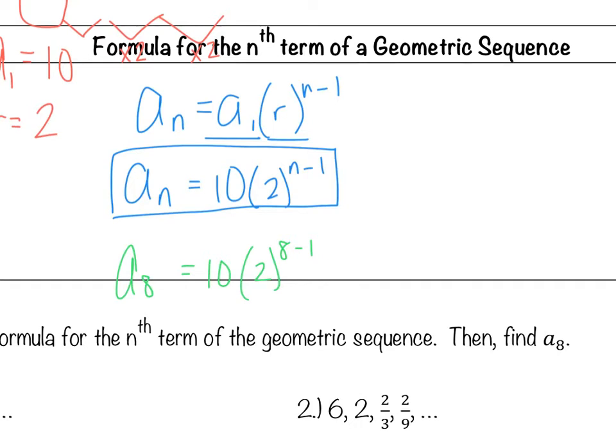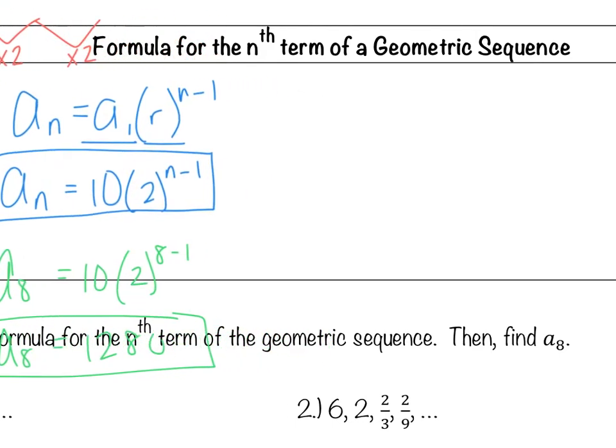Definitely, exponents will get a little bit high. So 8 minus 1 is 7, so I have 2 to the 7th. You want to make sure you do the exponent first, so 2 to the 7th and then times 10. A sub 8 is 1280. Pretty easy when they give you the sequence.